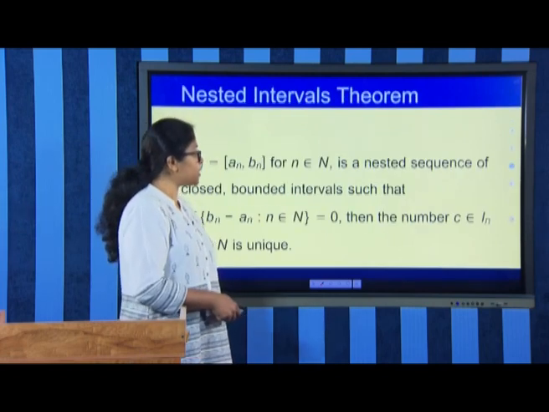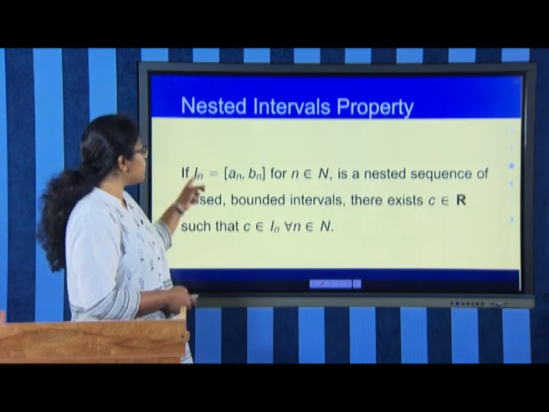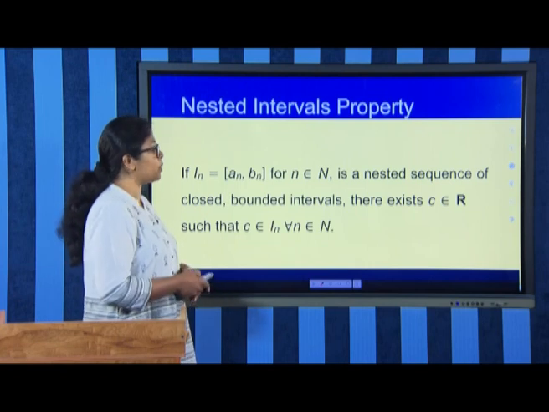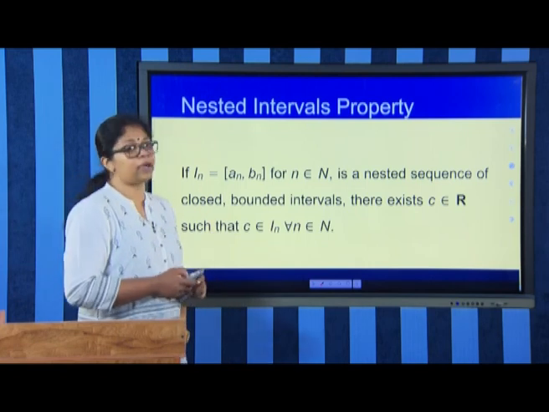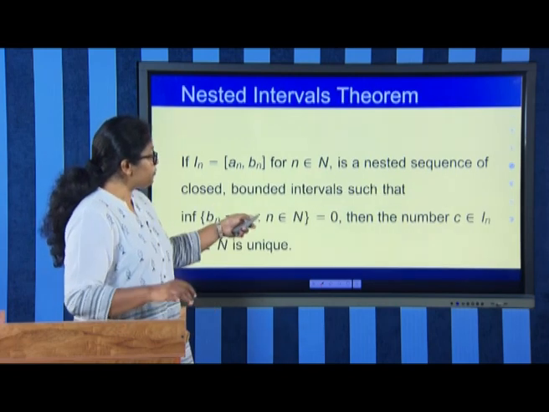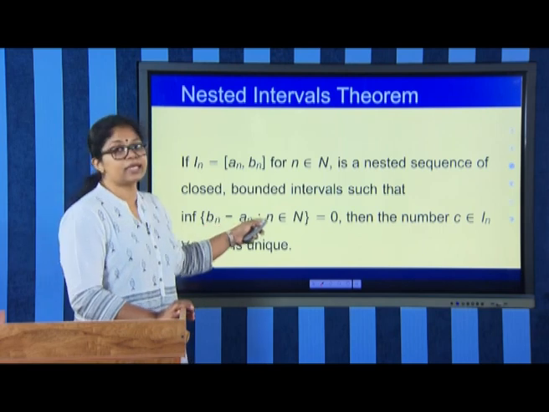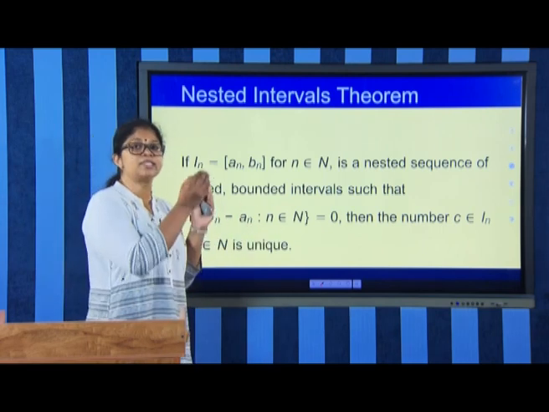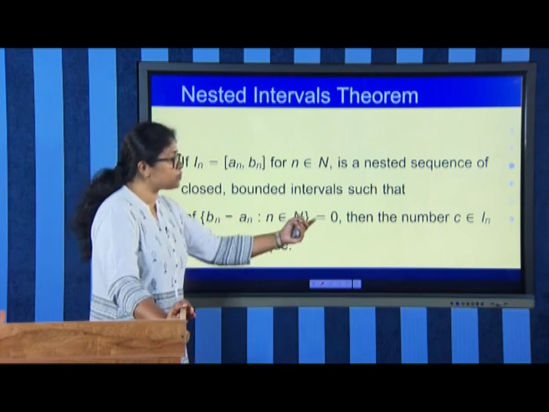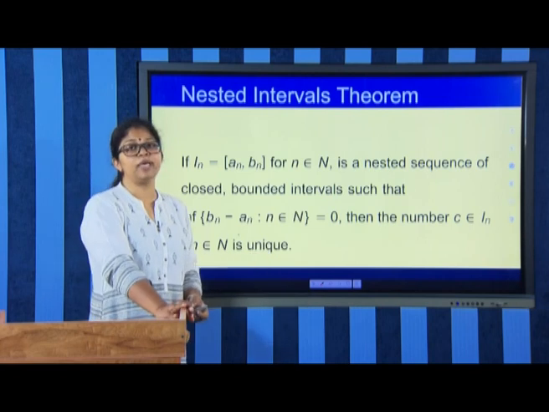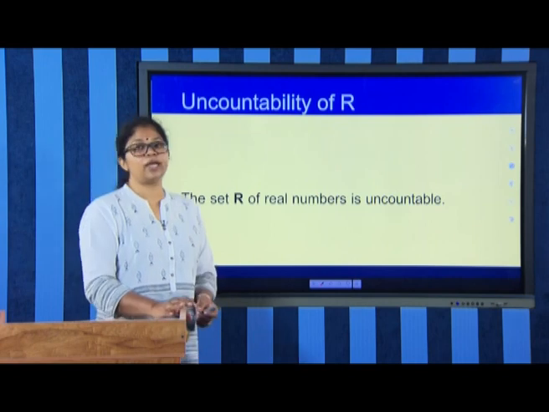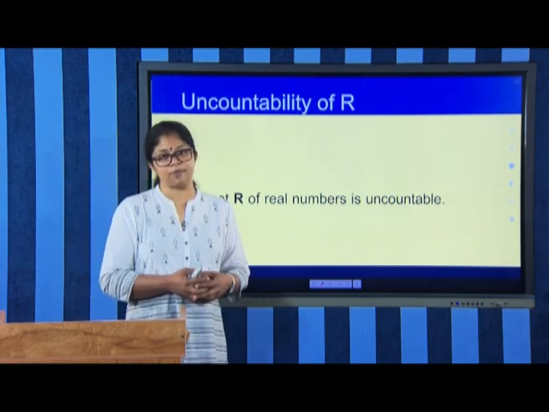And we have seen what is nested interval property, which shows that if In is equal to [An, Bn] is a nested sequence of closed bounded intervals, there exists a common element C belonging to R, and if the infimum of Bn minus An, or the length of the intervals, is reducing and the greatest lower bound is equal to 0, then the number C will be a unique number, and this is used to show that the set of all real numbers is uncountable as well.